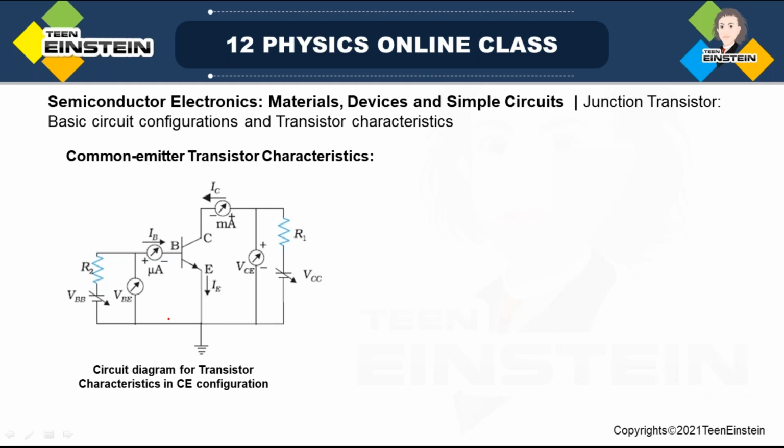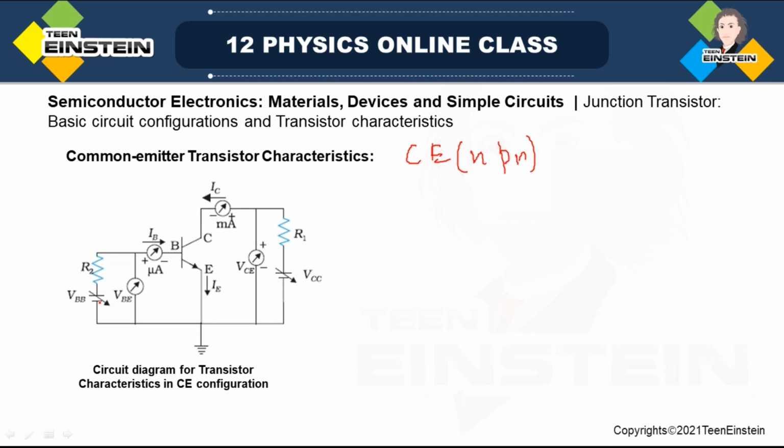The input junction is connected to a battery, VBB. The battery's positive terminal is connected to the base. I have taken an NPN transistor in CE configuration, so the base is made of P type semiconductor.